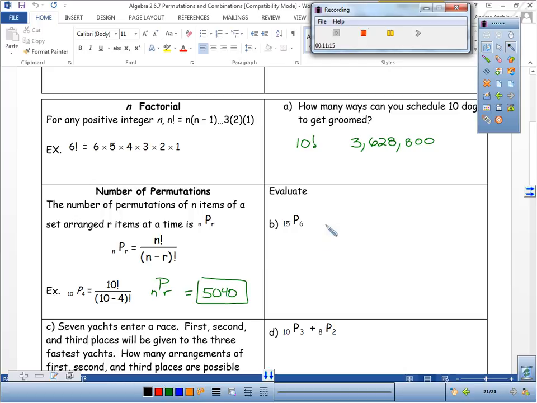For this, we're going to write out the formula, 15 minus 6 factorial. Make sure the factorial is outside. We're going to write it all out so you remember what happens.